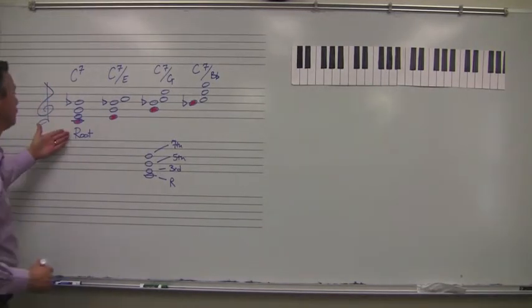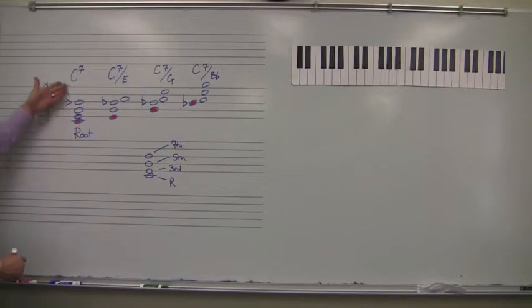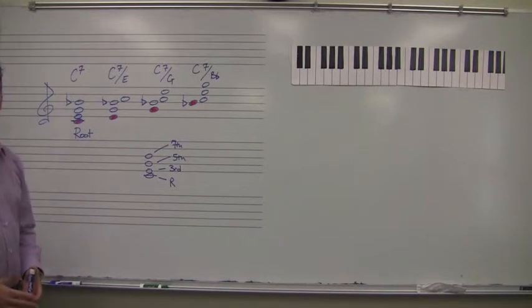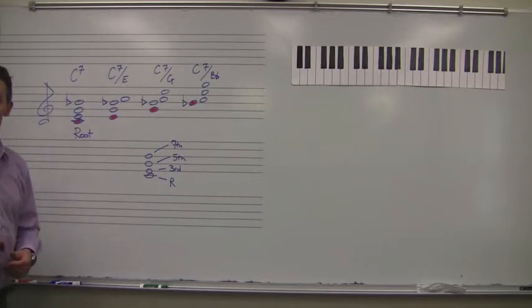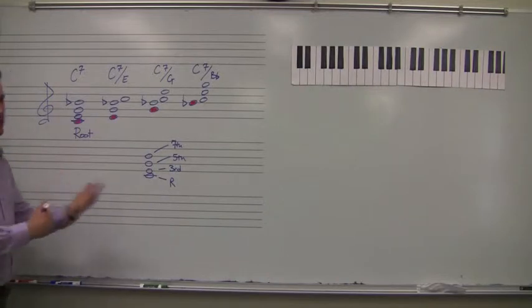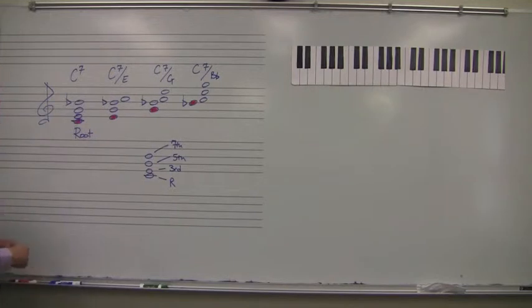And you'll notice the root is on the bottom when it is in this particular structure, everything packed closely together, and we call that root position. Root position, major minor 7 chord, specifically a root position C major minor 7 chord, or C7. We often don't say major minor, we just simply call it C7, and we understand what we're referring to.